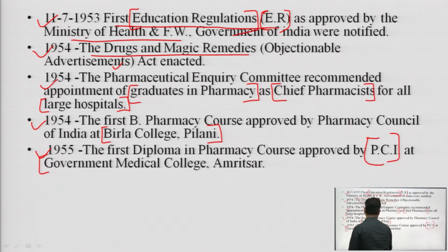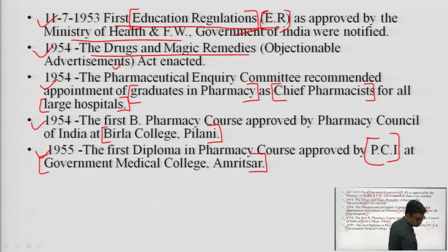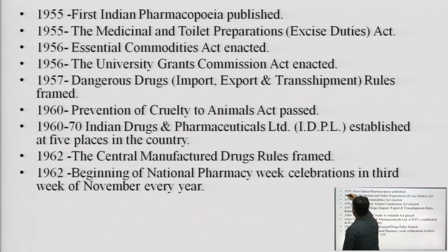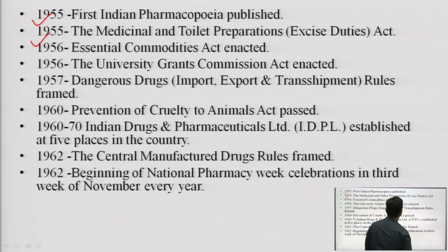So soon after one year of B Pharm's introduction, the diploma course was also introduced in 1955 in Government College of Pharmacy, Amritsar. In 1955, the first Indian Pharmacopoeia was published. In 1955 itself, the Medicinal and Toilet Preparations Excise Duty Act was introduced.